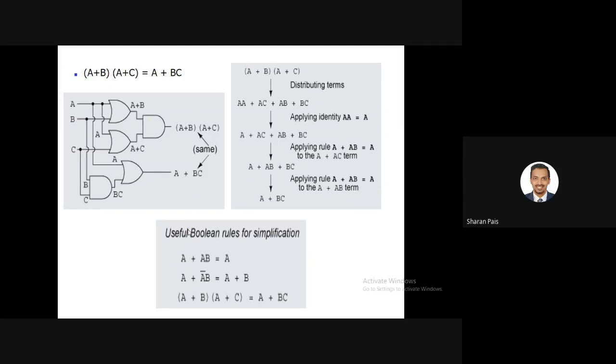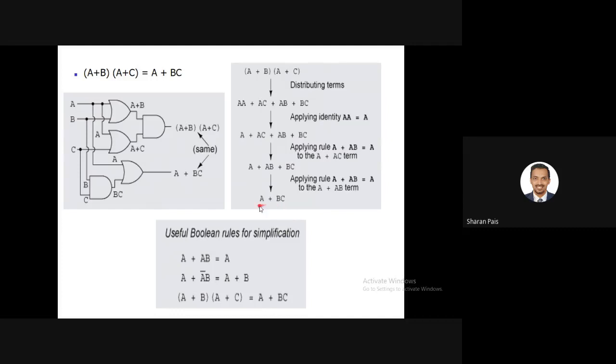So one more simplification you can see here. First, they are given this equation A plus B and A plus C. So A plus B, that is the OR gate, A plus B. Then A plus C, one more OR gate. Then between those two AND operation here means I want an AND gate. If you are directly implementing three logic gates like this, but you simplify that, then you will apply all the Boolean laws and whatever you have, identity law, whatever you have applied.